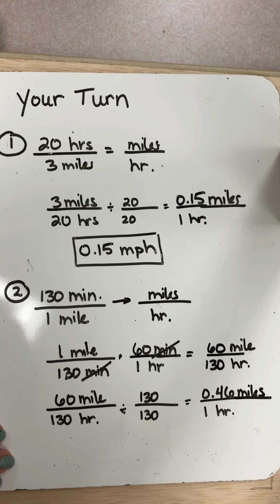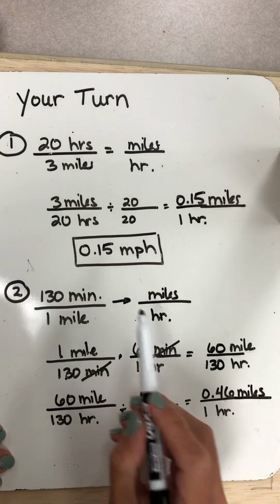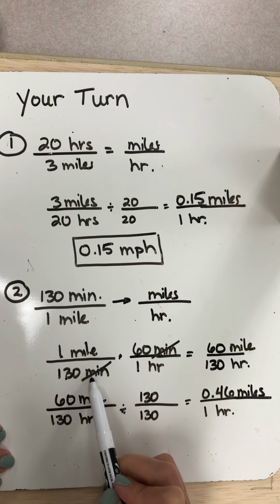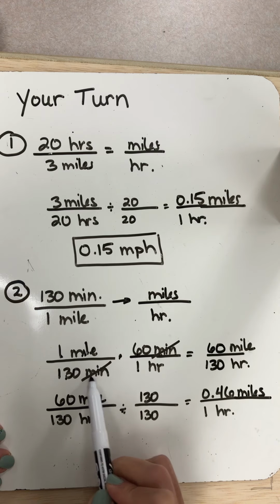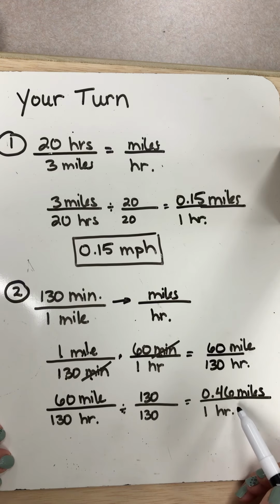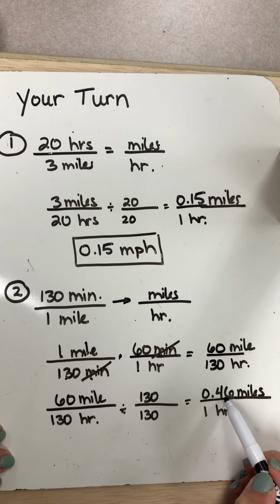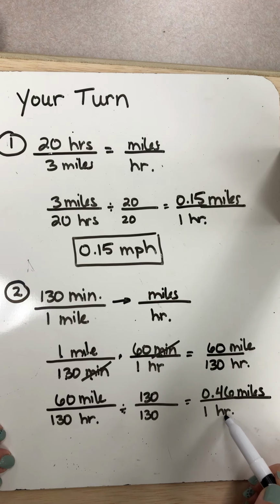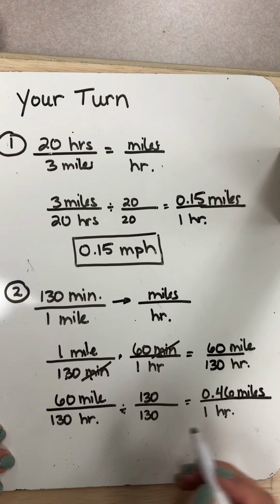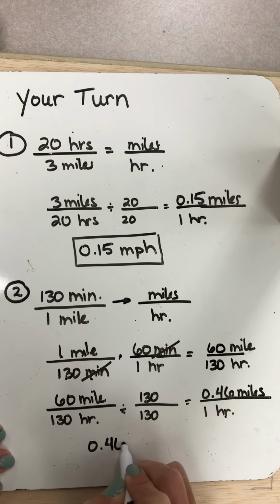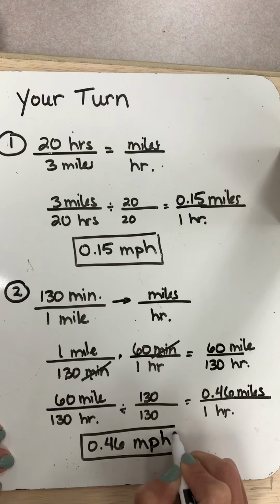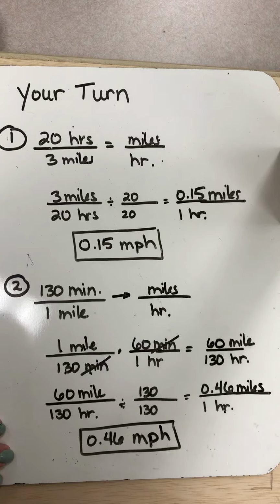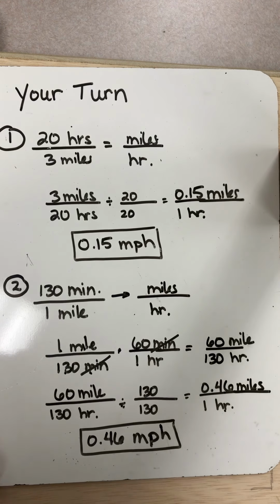So this sloth can swim 1 mile in 130 minutes, which is the same thing as 0.46 miles in 1 hour. So a little less than half a mile per hour. I could also write it like this, miles per hour. There we go. So that is numbers 1 and 2.